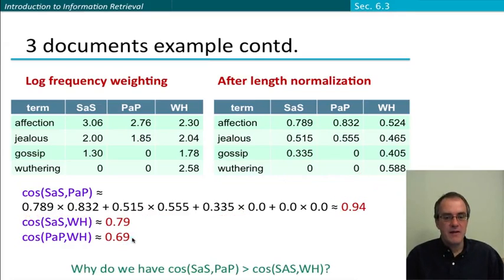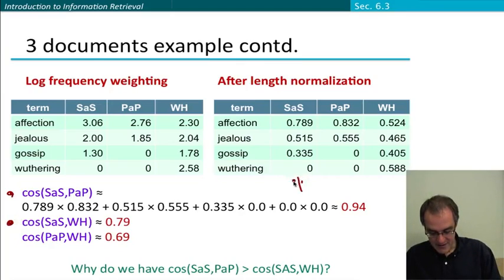The thing that we might wonder is why the cosine similarity of Sense and Sensibility and Pride and Prejudice is higher than that for Sense and Sensibility and Wuthering Heights. So we can try and look at that. We're comparing this one with the other two. What we can see is that this part of the Wuthering Heights vector doesn't help at all in producing similarity with Sense and Sensibility.